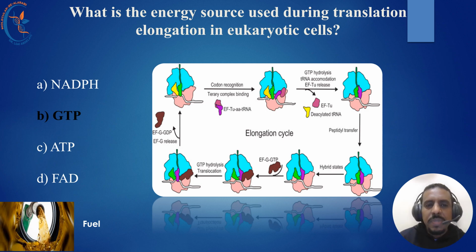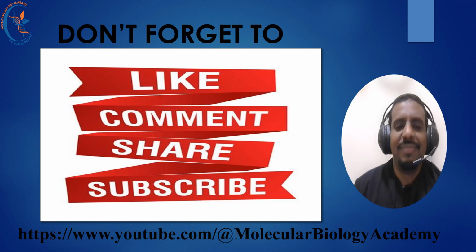Think of GTP as the fuel that powers the process. It provides the energy needed for the ribosome to add each new amino acid to the growing protein chain, ensuring everything runs smoothly. All right, let's move on.